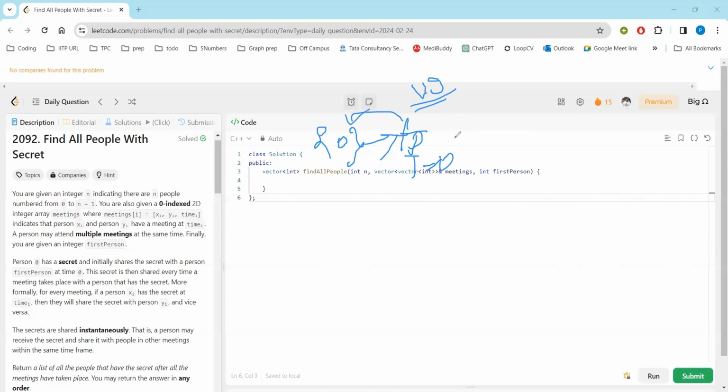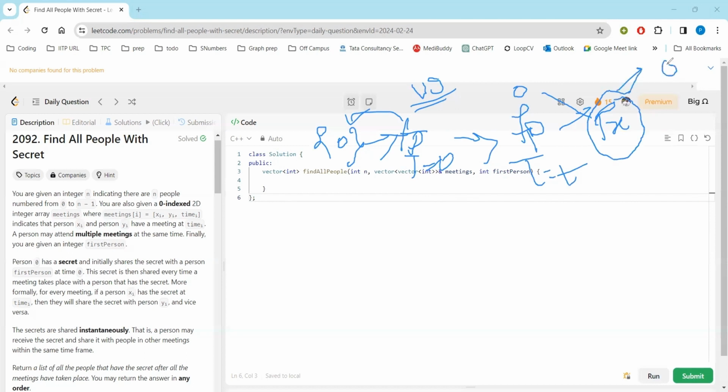Now in future time frame, suppose at T equal to T, if person 0, or this person, first person, shares or passes a message or secret to any other person, person X. So can we say the ultimate source of secret for Px was also 0? Since 0 passed the message to Fp, and now Fp is passing a message to Px.